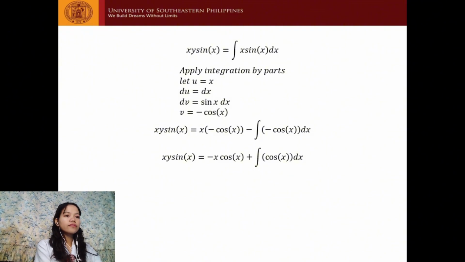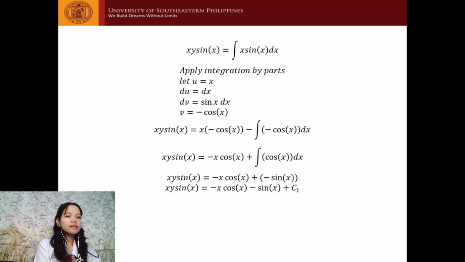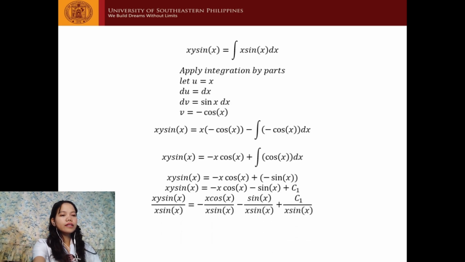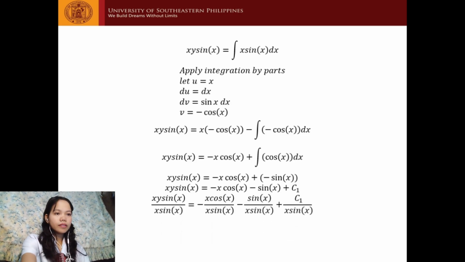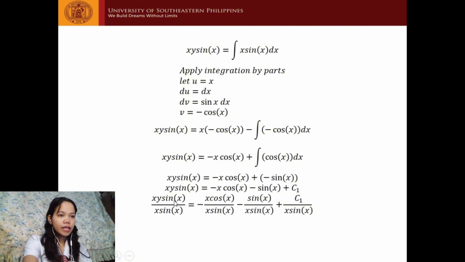So for the cosine of x dx, the integral of it is sine. So what we have right now is that xy multiplied to sine of x equals to negative x cosine of x plus sine of x plus the constant. Now, to simplify this expression, all we have right now is to divide both sides by x.